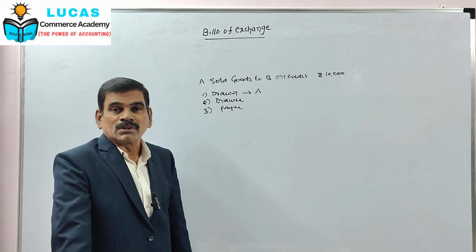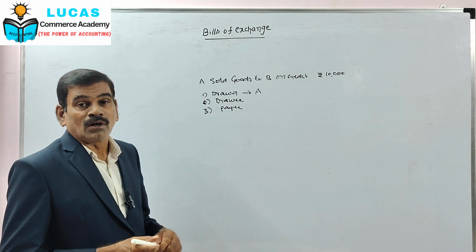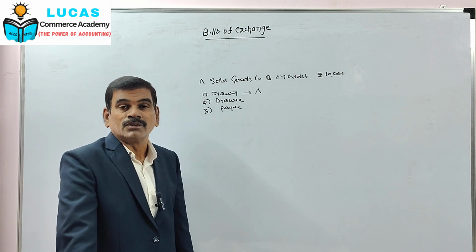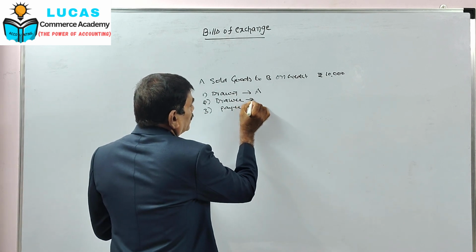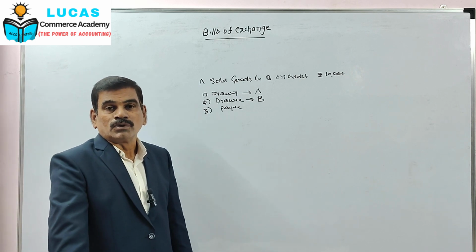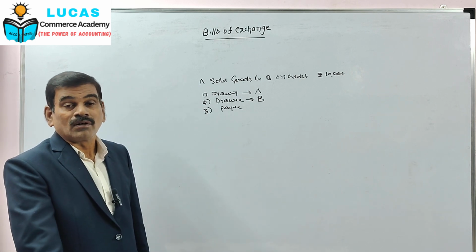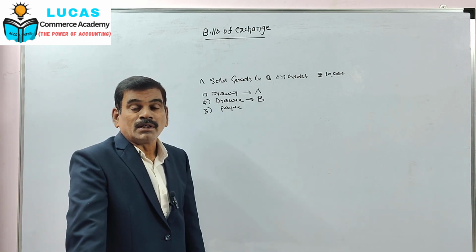Drawee means the person on whom the bill is drawn, or the person who accepted the bill. In our example, B is the drawee. So he is purchaser of goods or acceptor of goods, or debtor. The third person is payee.